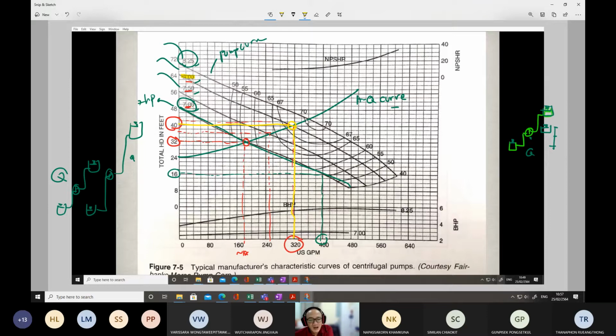But anyway, if you don't have budget problems and you use the larger one, like 8.25, we will get a larger flow rate than what we want, and also a higher total dynamic head.